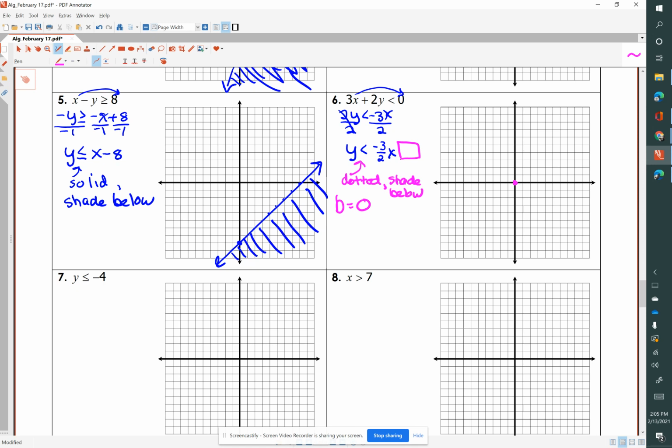Now below is going to look almost like it's to the left because of the slope. So let me show you what that means. We have a rise of -3 over a run of 2. Let's put our dotted line in.